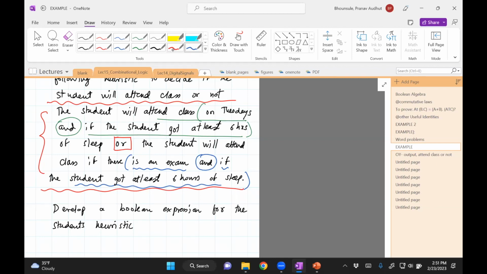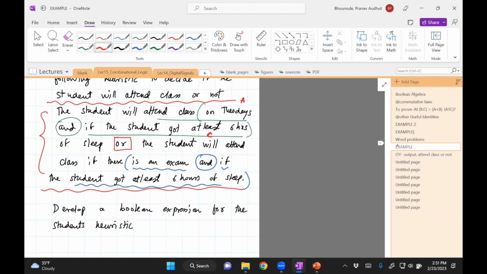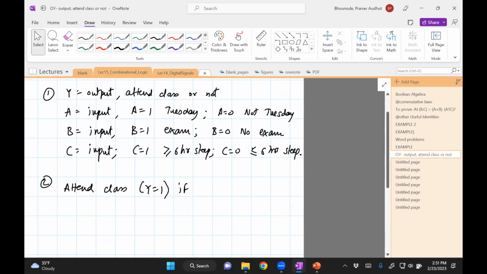So this is A. 6 hours sleep, I think it was C. Exam is B, and 6 hours sleep is C. So let me write that down, in terms of inputs.